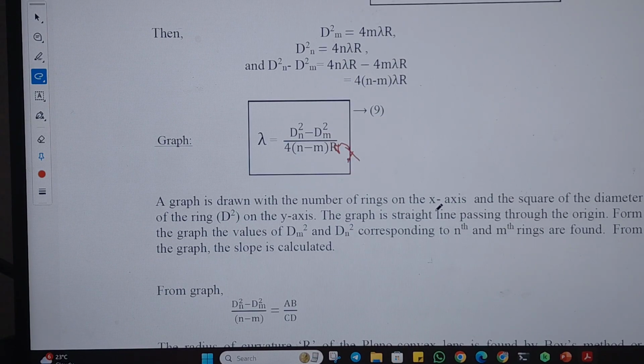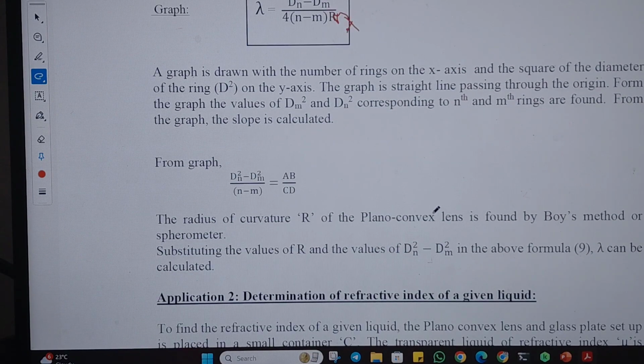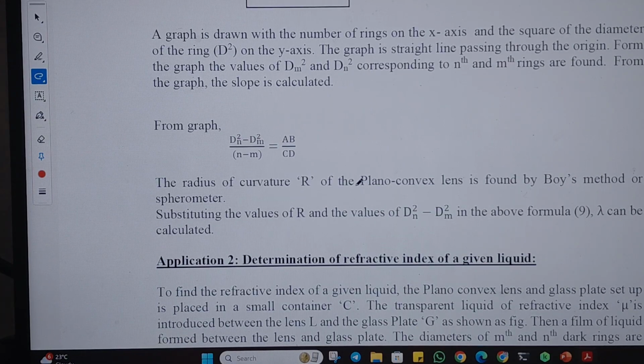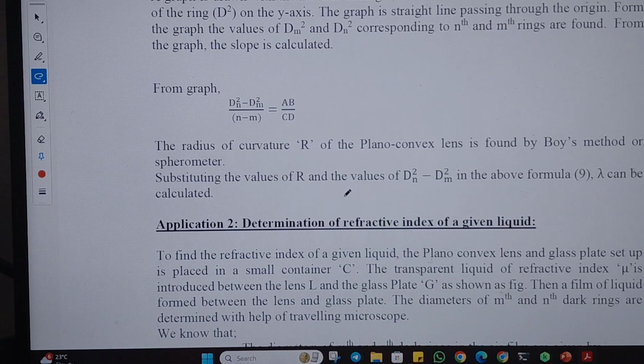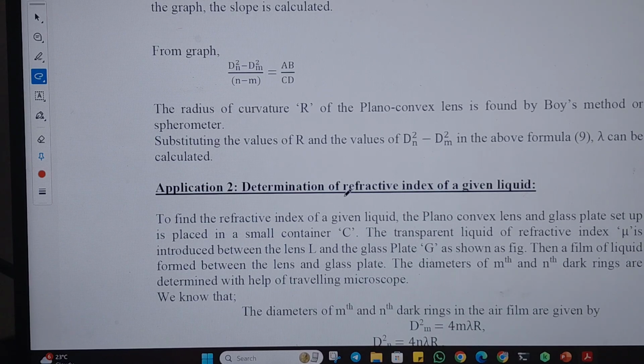Then the next one, what will be the next condition? Here it is the determination of the refractive index of a given liquid. In the liquid also we get the mth and nth dark rings, determined using a traveling microscope.